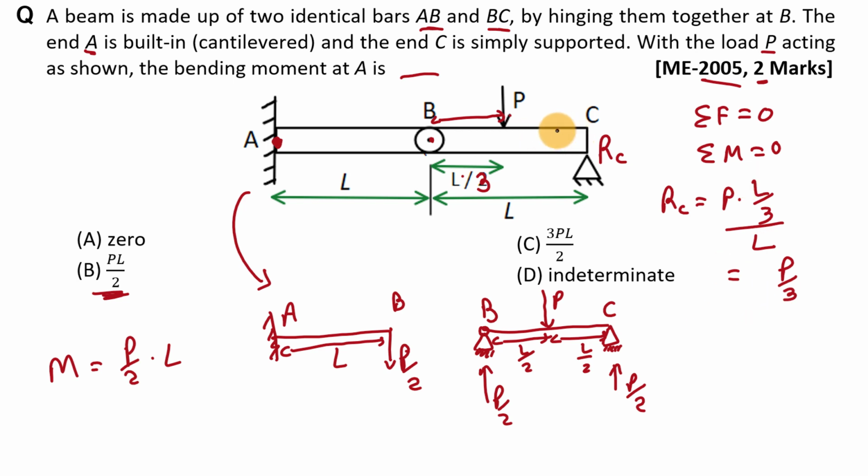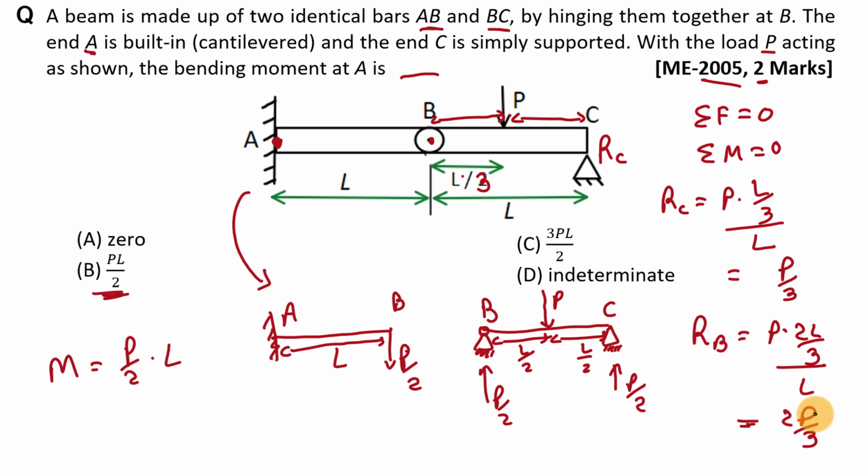And if we want to find out reaction at point B, means RB, then it is this load P into opposite distance, means distance between this load and C, that is 2L by 3, divided by total distance between point B and C, that is L. So RB will be 2P by 3.